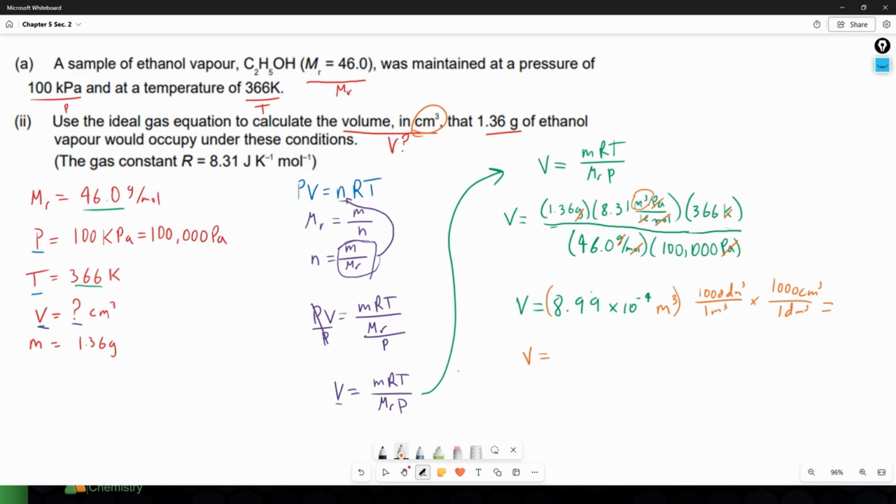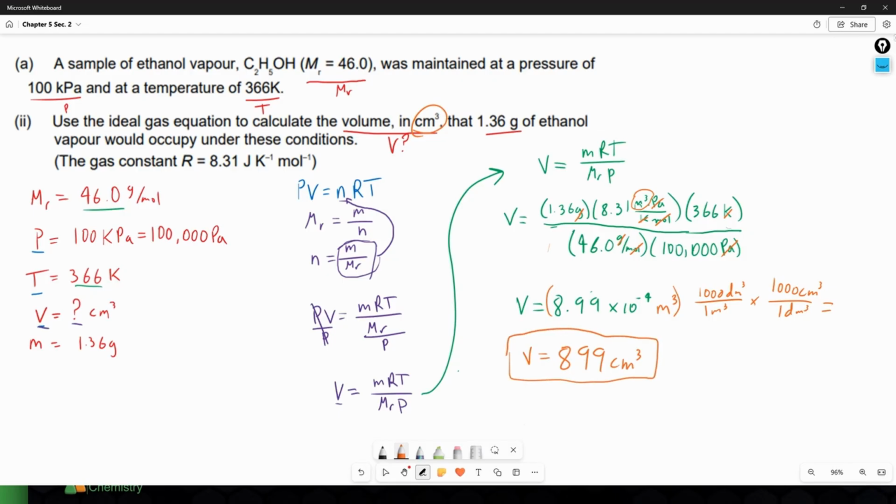So we're going to do 8.99 times 10 to the negative 4 times 1,000 times 1,000 again. And that gives us 899 cubic centimeters. Or a bit under a liter, or 900 cubic centimeters or so. So 899 cubic centimeters, and that is our answer because they wanted the answer in cubic centimeters.